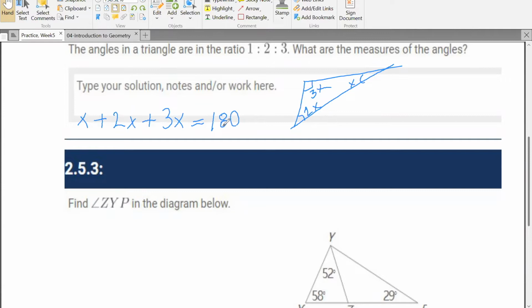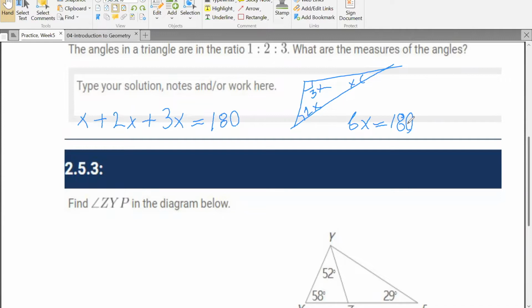Right? Now, this is now an equation. So, well, 1x, 2x, and 3x, they would add up to 6x. So therefore, that's why Constance says 180 divided by 6. So 6x equals 180. Now, how do we solve this equation?